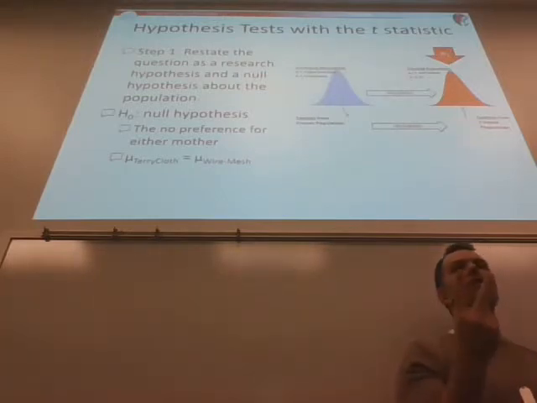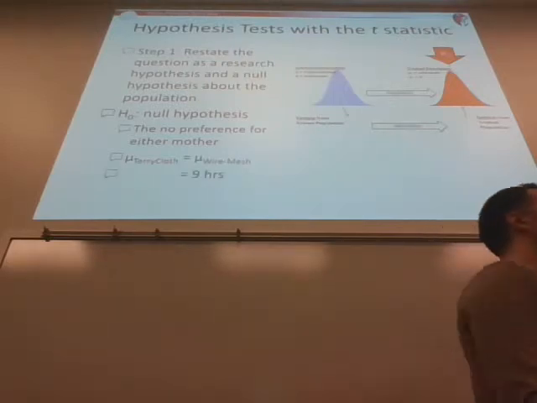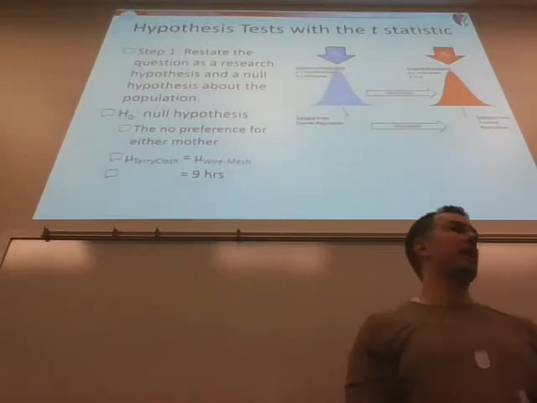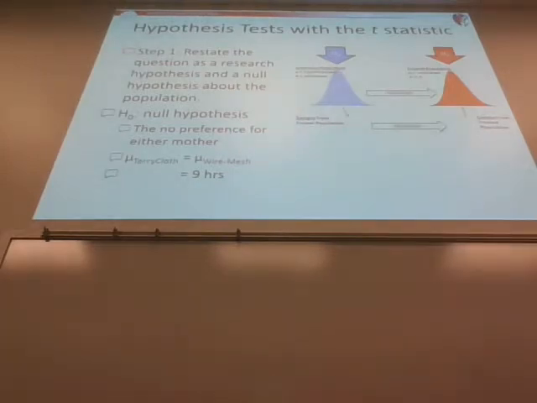And if there are 2 mothers to choose from, and they don't prefer either one, they're going to split those 18 hours in 2, and spend 9 hours with the terry cloth mother, 9 hours with the wire mesh mother. So that is the unknown but hypothesized population. So are they from the population of monkeys that spends 9 hours a day with that terry cloth mother?